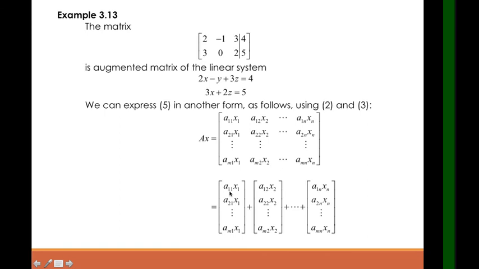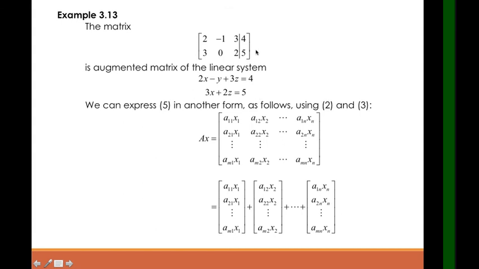So, this is Ax equals this representation: a sub 11 x sub 1 up to a sub m1 x sub 1, plus and so on up to a sub 1n x sub n, a sub 2n x sub n, ellipses up to a sub mn x sub n. So this representation just shows what we did earlier in our form, no?